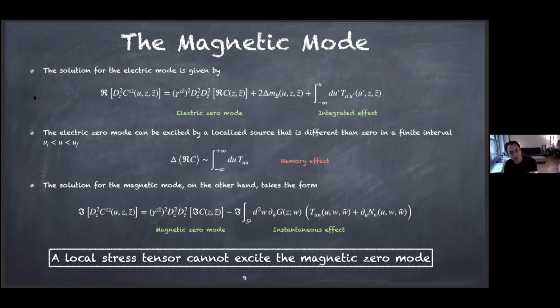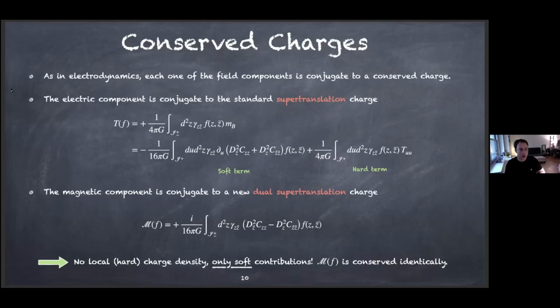Okay, so now, as Brown mentioned, each one of the field components is conjugate to a conserved charge in a similar way to electrodynamics. The electric component is conjugate to the standard supertranslation charge. It is given by an integral on the sphere over the Bondi mass. And using the equations of motion, this can be inverted into a three-dimensional integral on the entire null boundary.